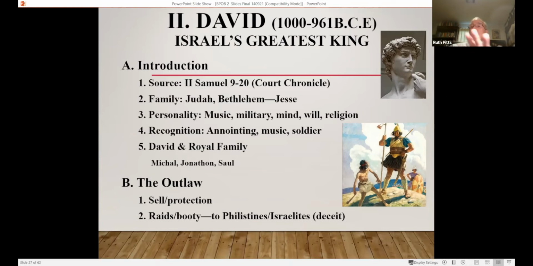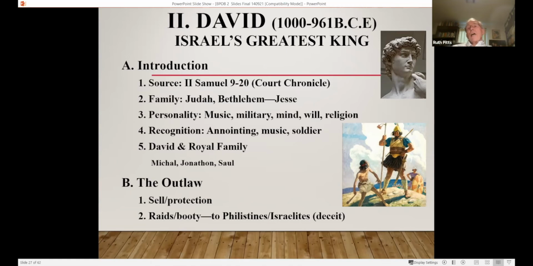His personality, we're given a lot of information about this guy because we have a section of the historical books which is called the Court Chronicle. Modern Old Testament scholars believe that a good bit of this was written by somebody who observed what went on in David's life and wrote it accordingly.